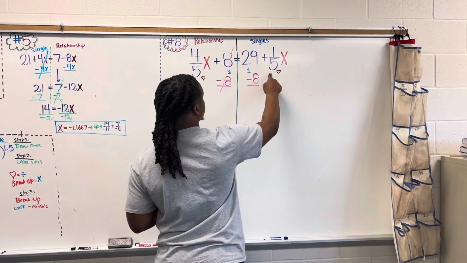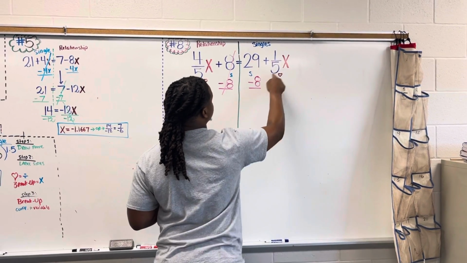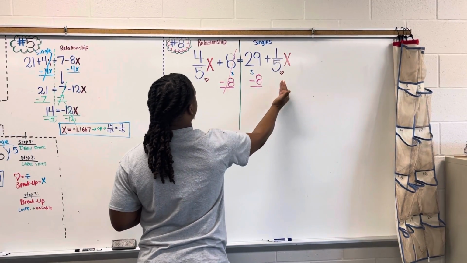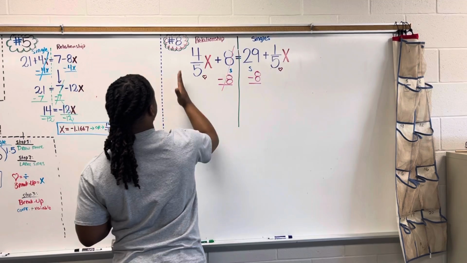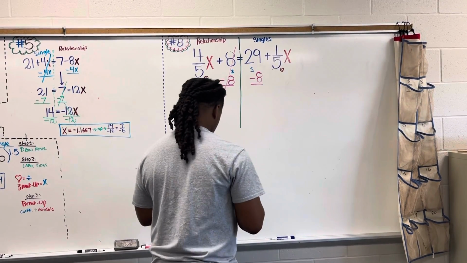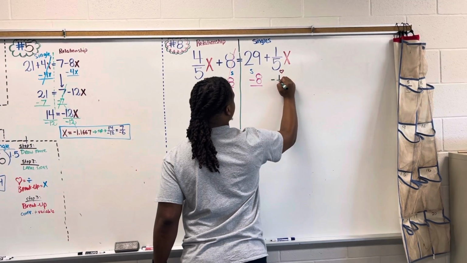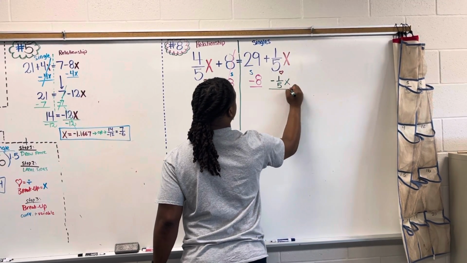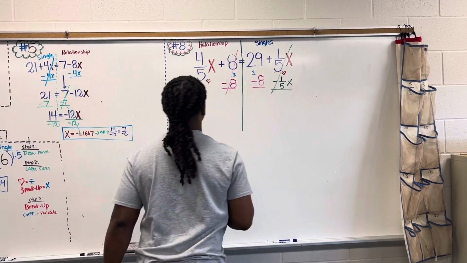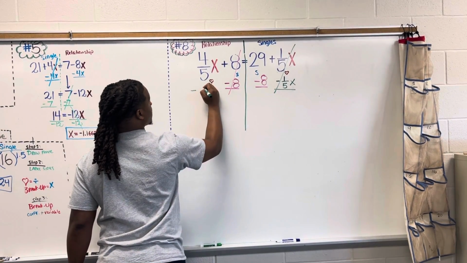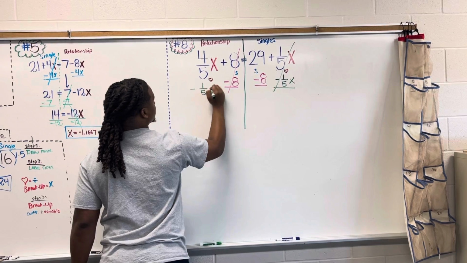And over here, on the single side, I have 1/5 times X, which is in a relationship. We have to subtract this and move it over here to the relationship side. So I'm gonna do this in green, -1/5 X. That cancels out. 4/5 X minus 1/5 X, that's what we should have.